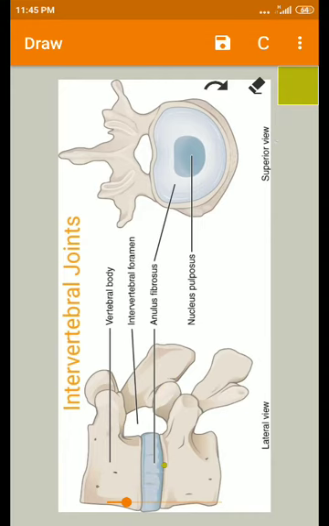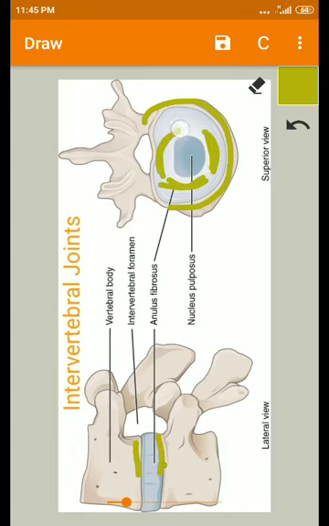The surfaces of the vertebral bodies are covered with thin layers of hyaline cartilage. Between these two layers, a thick plate is present, made up of fibrocartilage, which is called the intervertebral disc.